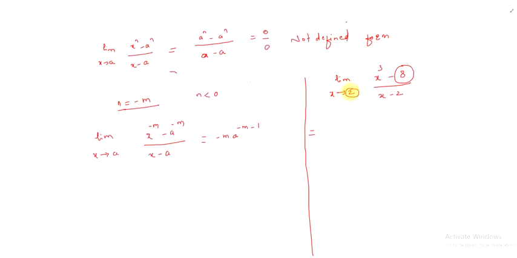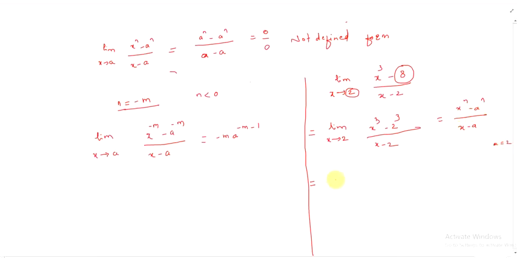So how can we write it in standard form? x cube, and 8 is the cube of 2, isn't it? So this is now in standard form, upon x minus a, where a is equal to 2.